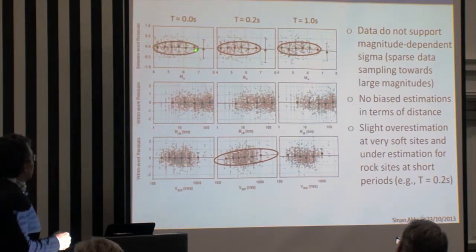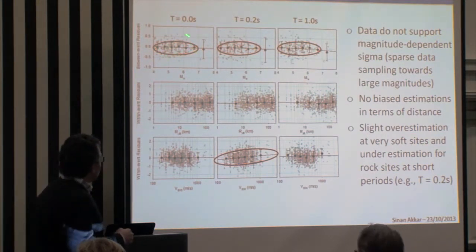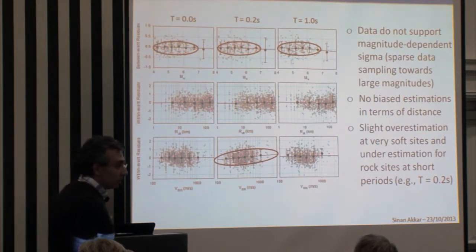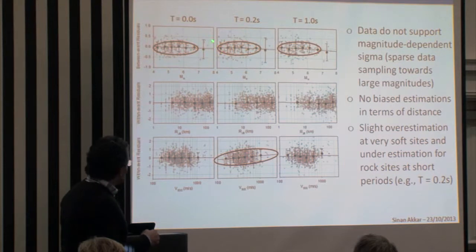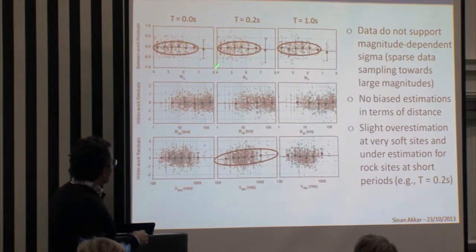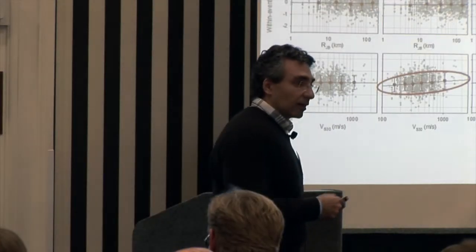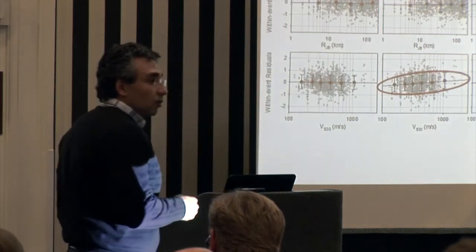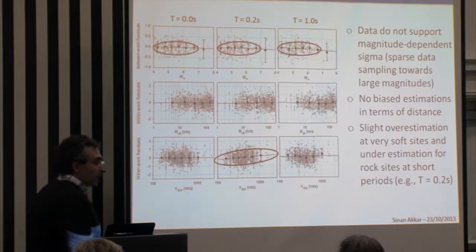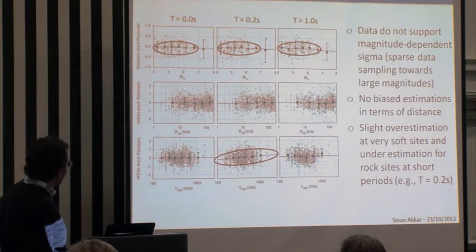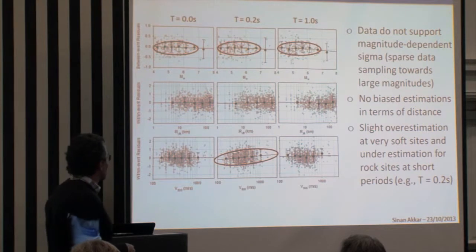All right, so for magnitude below 7, it seems that there is no dependence on magnitude for residuals. I wouldn't rely on the statistics given for magnitudes above 7 because we have very few data. So our model doesn't show magnitude dependence for magnitudes below 6.5 or maximum 7.